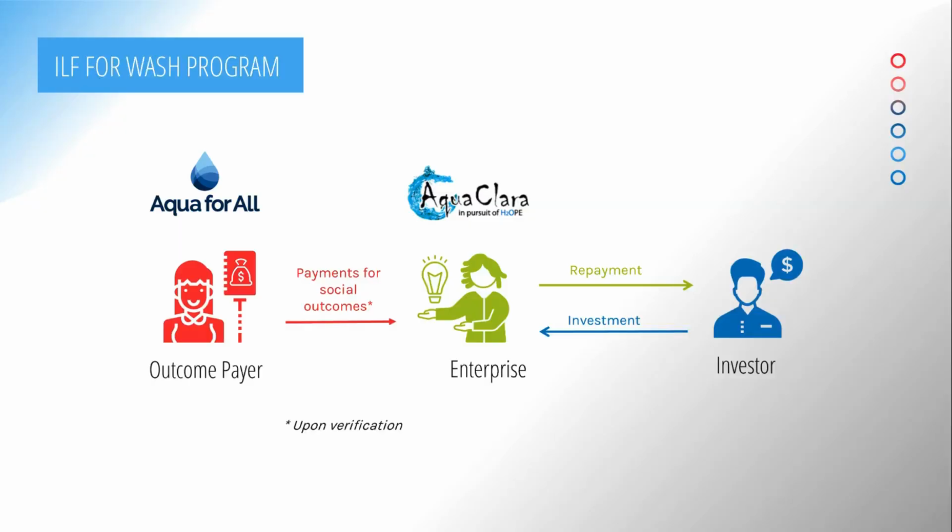As a result, there is more risk that ACK will get pressured to focus on higher-margin customers. This specific risk is addressed by the Sync transaction as part of the Impact-Linked Fund for Water, Hygiene, and Sanitation, ILF for Wash by Aqua for All and Roots of Impact.